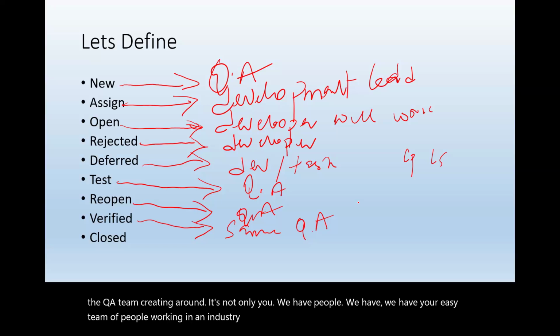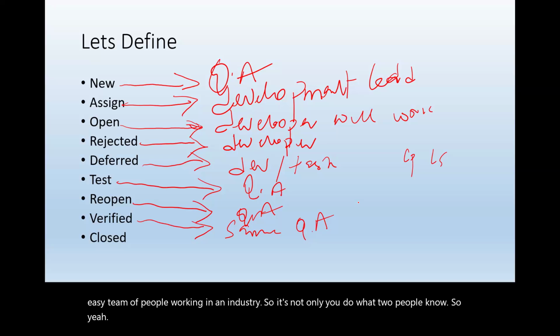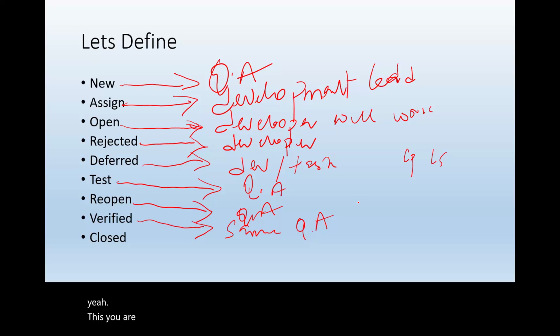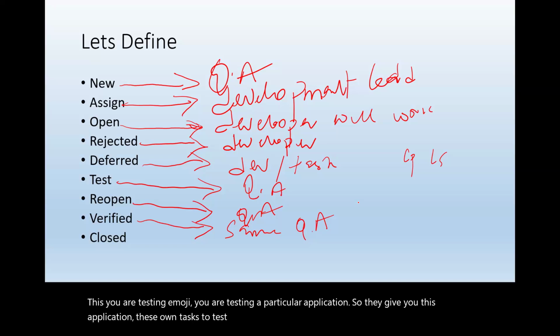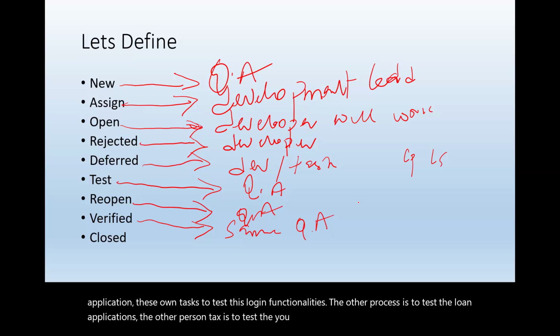When you are testing a module, you are testing a particular application. They give you your own task to test the login functionalities. The other person's task is to test the loan applications. I'll have a class with you to explain more.